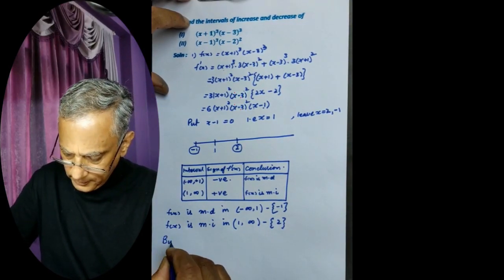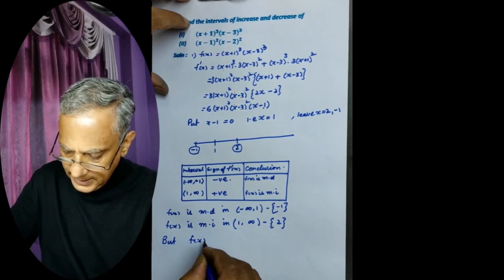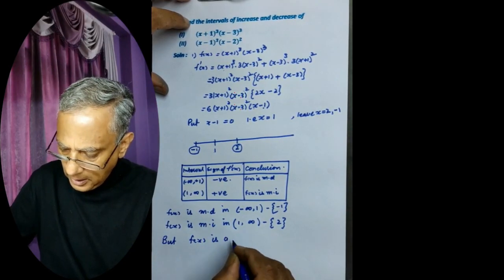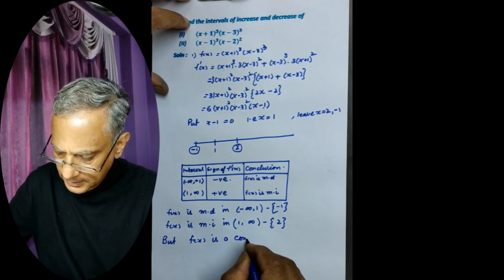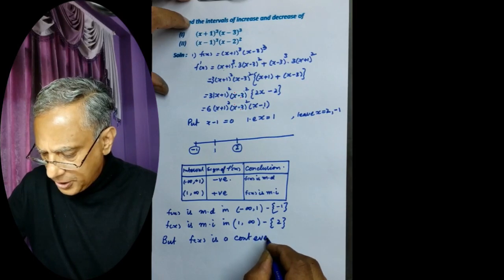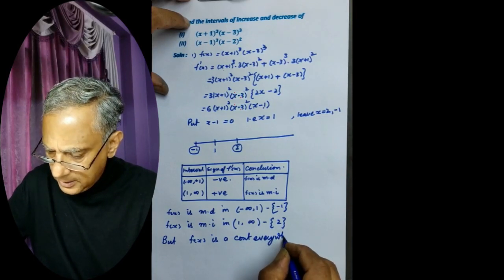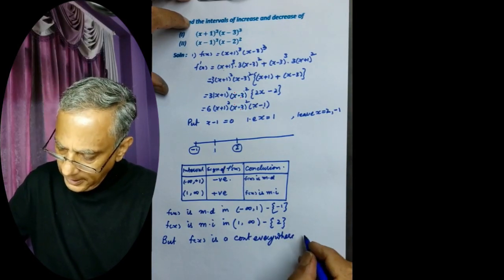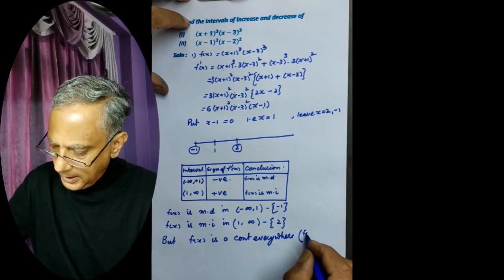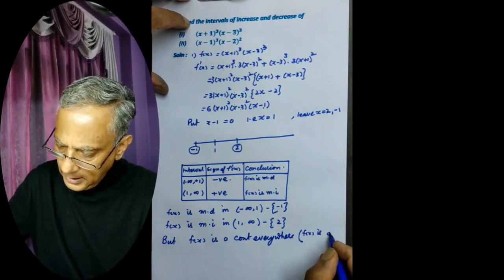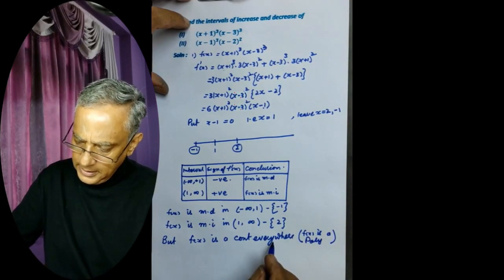But fx is a continuous function everywhere, being a polynomial. Fx is a polynomial. Therefore, it is continuous everywhere.